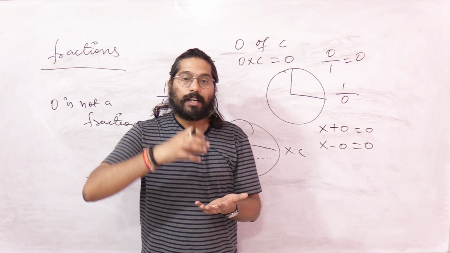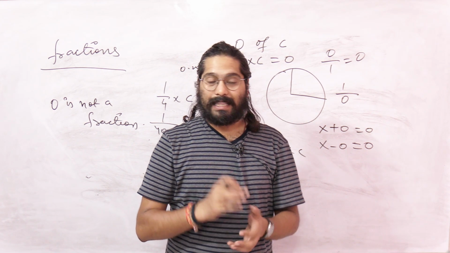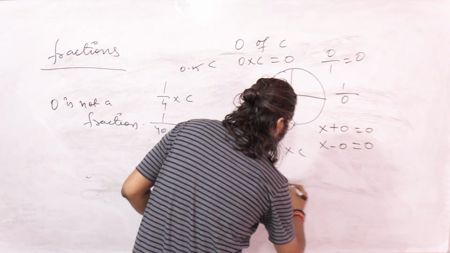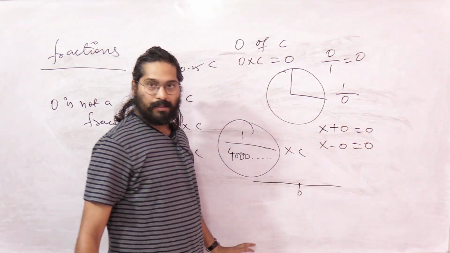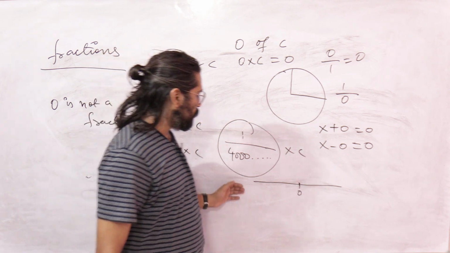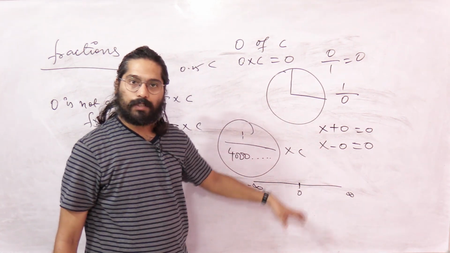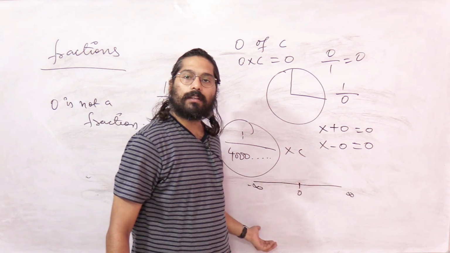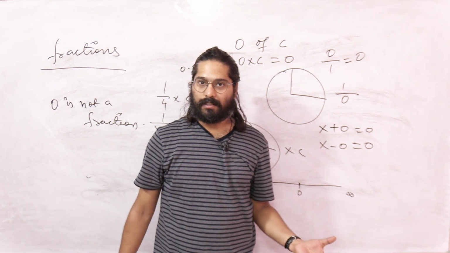0 is a special integer, a very important integer, and that is the reason why 0 is always in the middle of the number line, right? If we consider this number line from minus infinity to plus infinity, 0 is definitely at the center of this particular number line. So definitely 0 has some qualities.